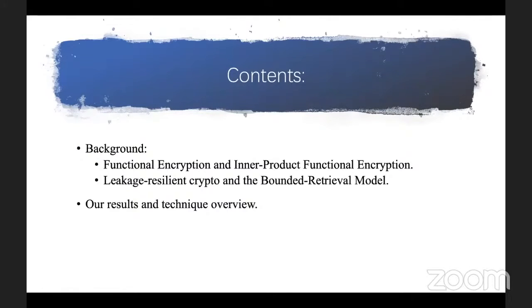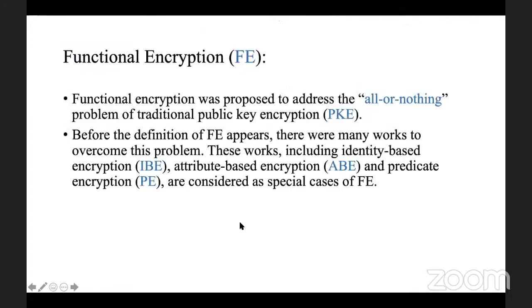And then I will show our result and give some technical overview. Functional encryption was proposed to address the all-or-nothing problem of traditional public key encryption. Before the definition of FE appeared, there were many works to overcome this problem. These works, including IBE, ABE, and PE, are considered special cases of FE.